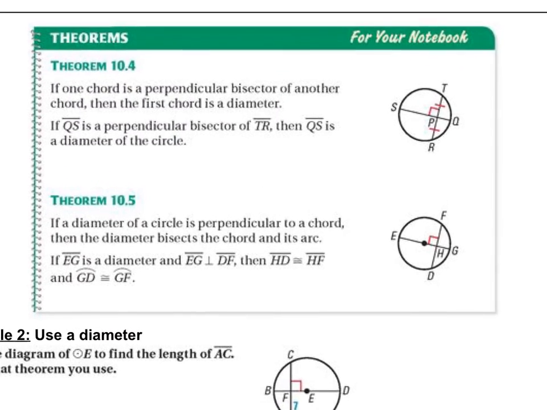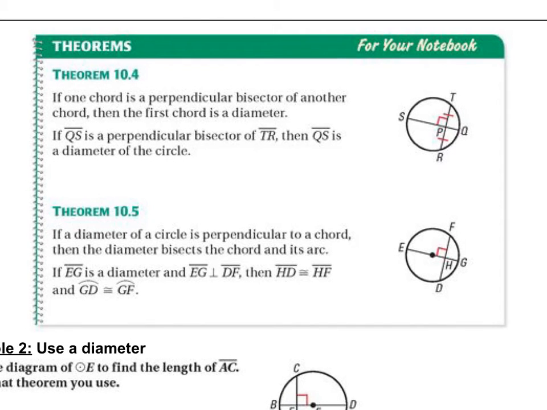If one chord is a perpendicular bisector of another chord, then the first chord is a diameter. So basically, if we have a chord here, and then we have another chord that cuts it so that it is a perpendicular bisector, then this one has to be a diameter.